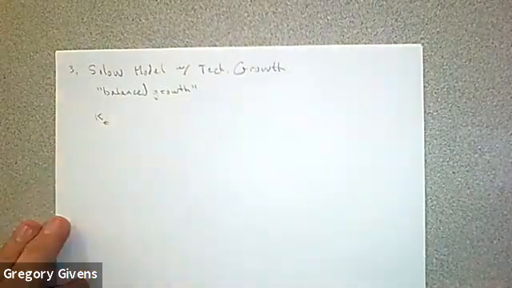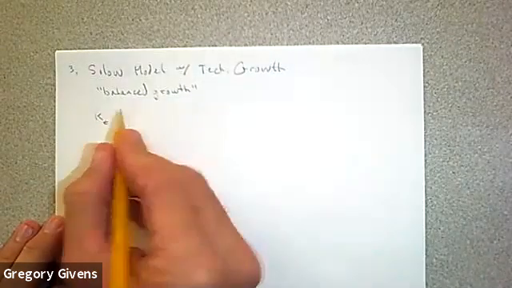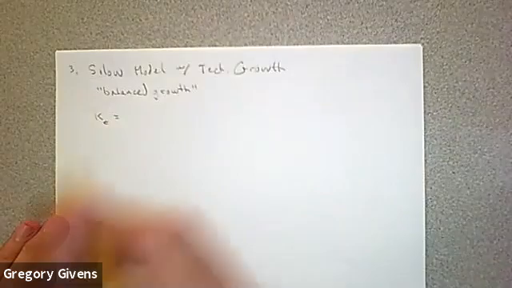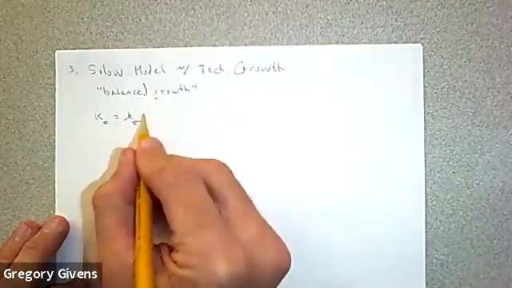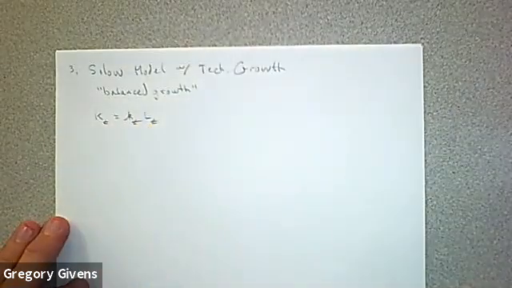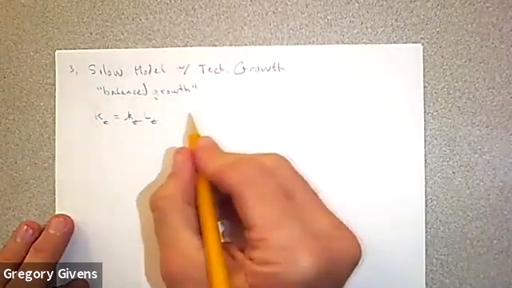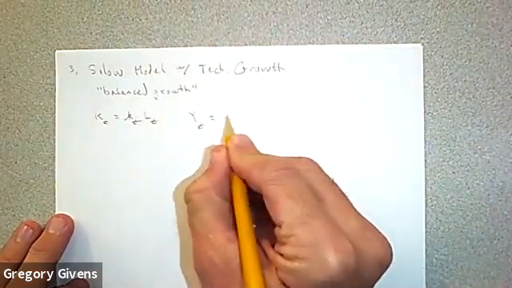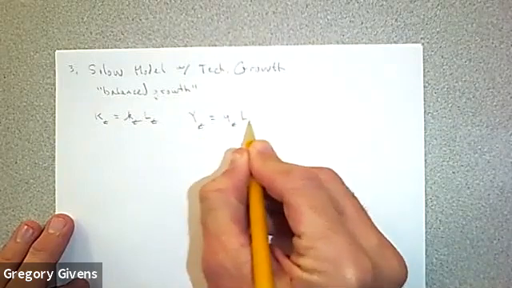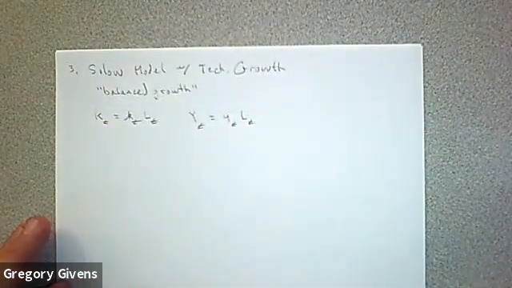Aggregate capital, so capital K, should be equal to capital per worker, lowercase k, times the number of workers, right? That's just a rearrangement of that simple identity. Output in the economy is output per worker times the number of workers.